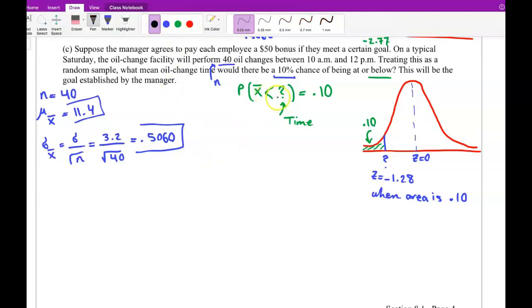Okay, now I want to find x bar. So z is equal to x bar minus mean divided by standard deviation. z is negative 1.28, x bar minus the mean, which is 11.4, and the standard deviation is 0.5060.